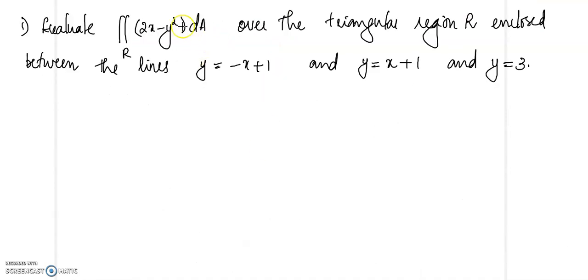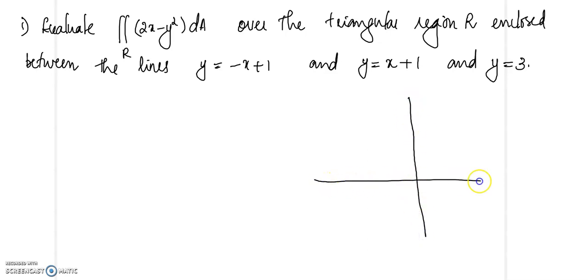To evaluate double integral over R 2x minus y square dA over the triangular region R, which is enclosed between the lines y equal to minus x plus 1 and y equal to x plus 1 and y equal to 3. Let us first draw the triangular region.